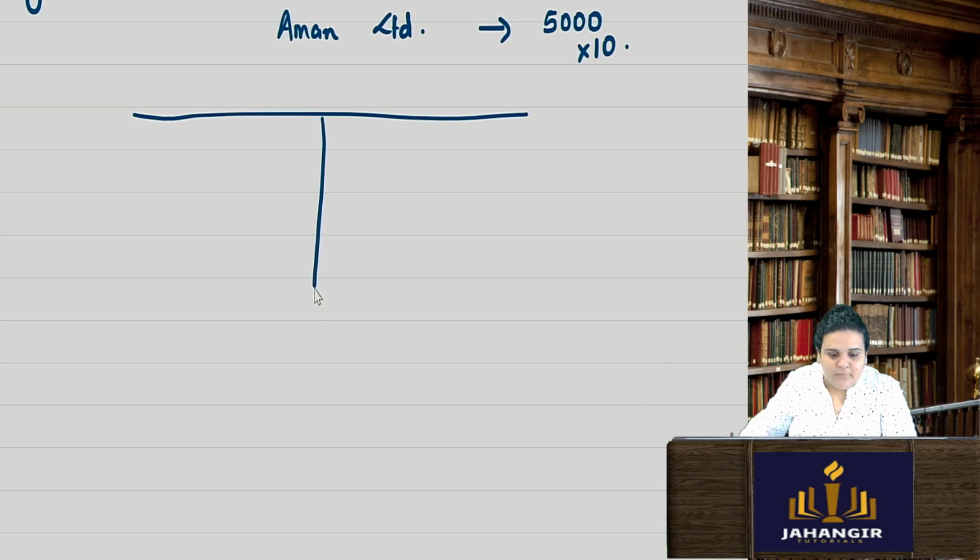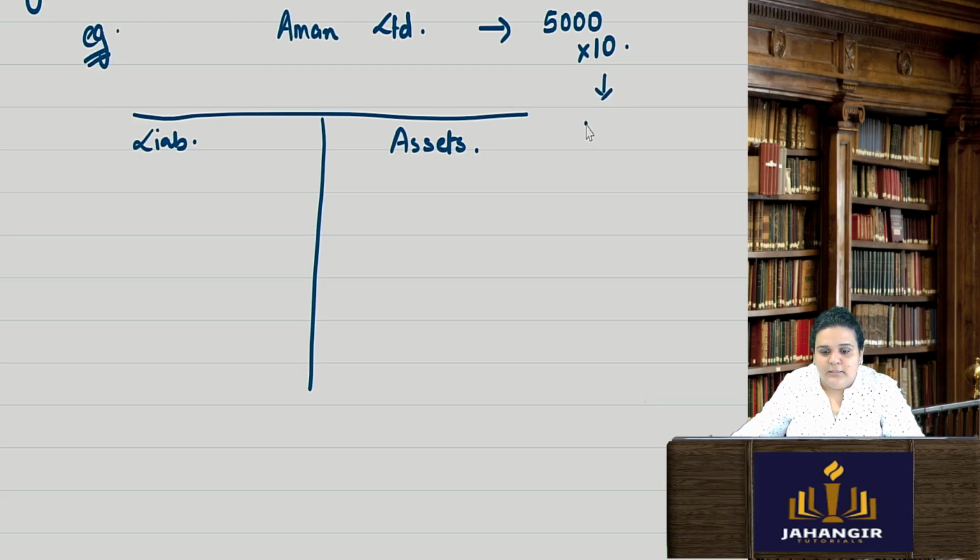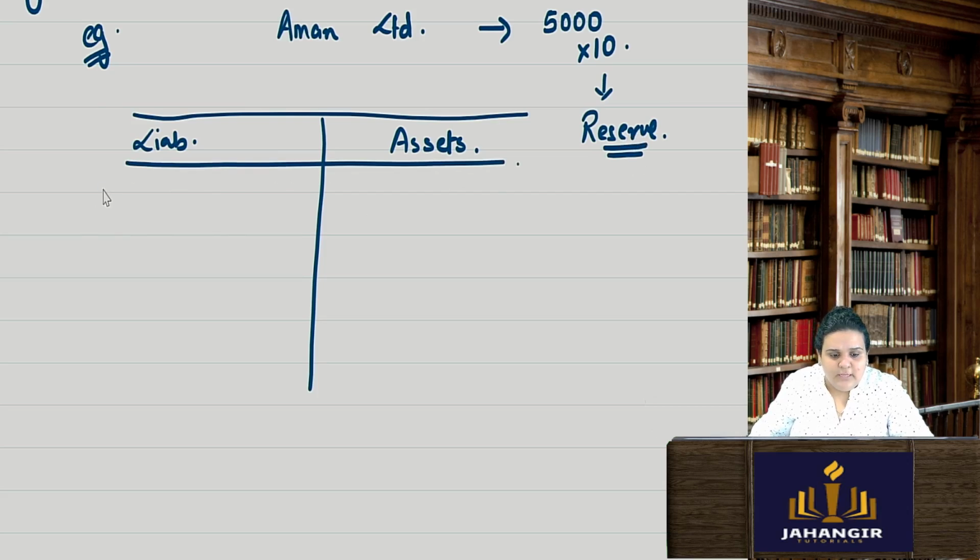This is my liability. This is my assets. This is an example. You can write this example that the buyback has taken place from the reserves which we already have: free reserves, general reserve, P&L account, all those reserves. From those I am doing buyback. So now the equity share capital, it was 2 lakhs.